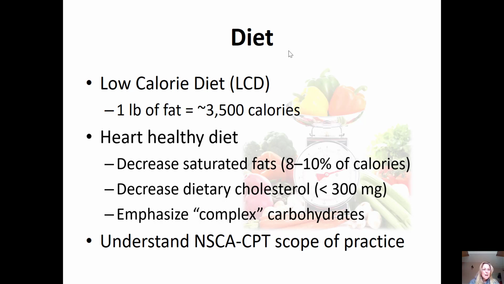Okay. But as far as diets go, many folks talk about low-calorie diets. And a low-calorie diet for women is 1,000 to 1,200 calories a day. For men, it's 1,200 to 1,600 calories a day. Those are considered low-calorie diets. Now, that's pretty low.